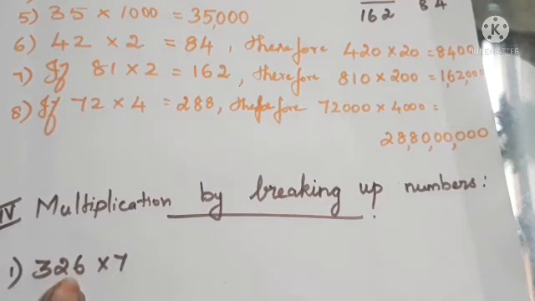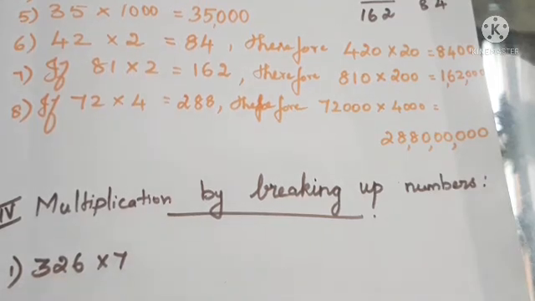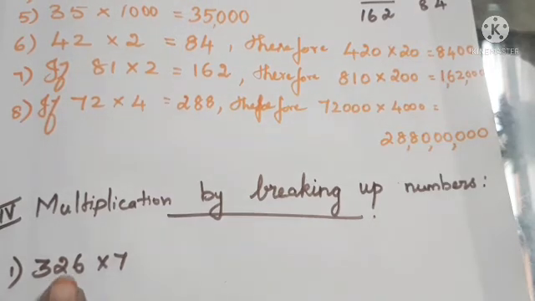Next we multiply 300 with 7, then 20 with 7, and likewise 6 with 7. Very easy to multiply.